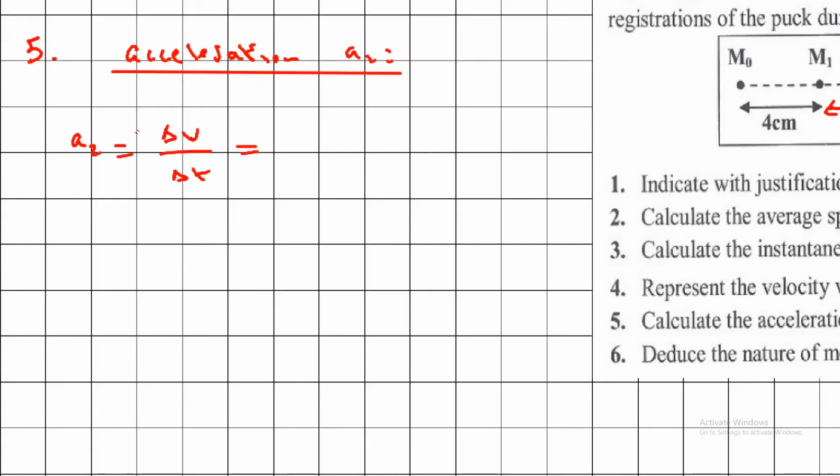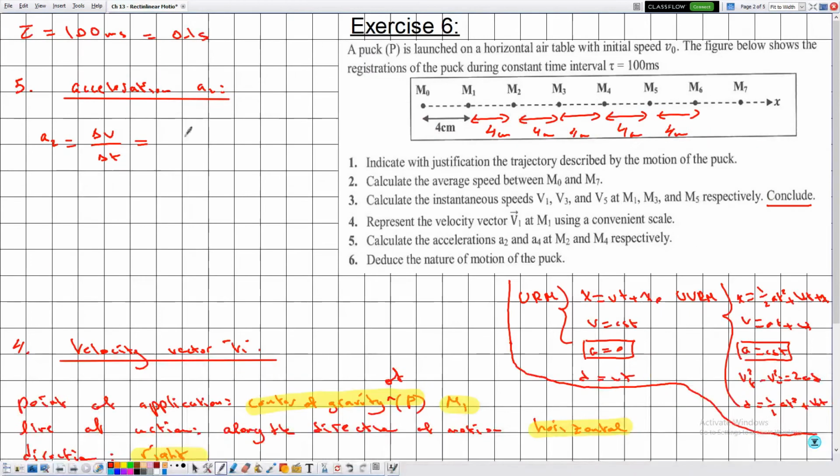So what does delta V represent? It's the speed after minus the speed before, which is V3 minus V1 divided by 2 tau. Now V3 we have predetermined, which is given by 0.4 meter per second, minus 0 over 2 tau, which is 2 times 0.1.